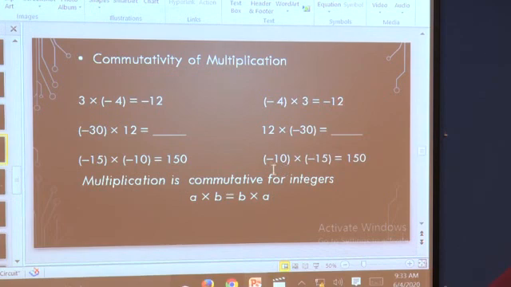So, I had written minus 10 into minus 15. So, at last we can say that multiplication is commutative for integers also. In short, A into B is equal to B into A. A may be a positive integer or negative integer, or B may be a positive integer or negative integer. When it is the product, the multiplication, the product will be the same.